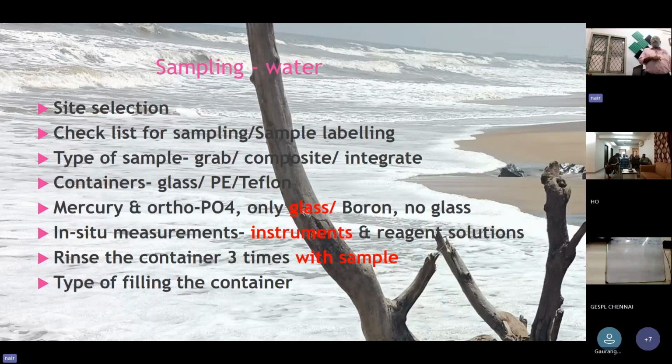This is to be known. That is, for what purpose you are collecting the sample and what parameters you are expected to analyze from the sample in this container, you have to know. In that way, you have to decide the type of filling the container. Okay? Is it okay?